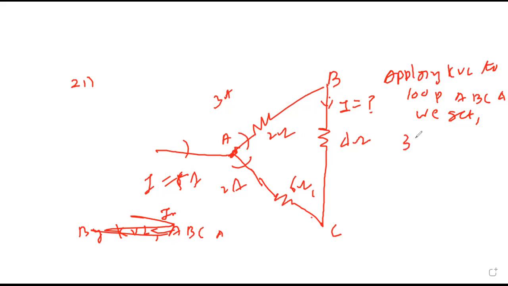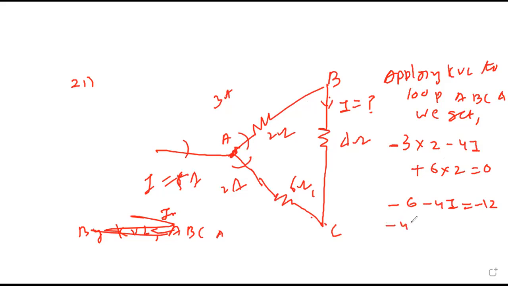and resistance is 2. And we are traveling in the direction of current, so I can take it as minus. B to C minus 4I. C to D plus 6 into 2. Total is 0. So minus 6 minus 4I plus 12 equals 0.